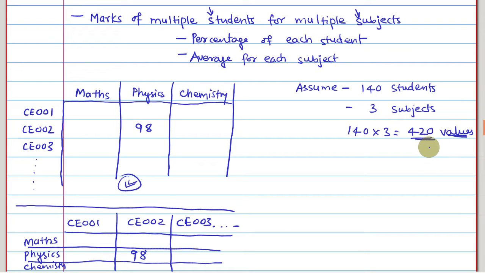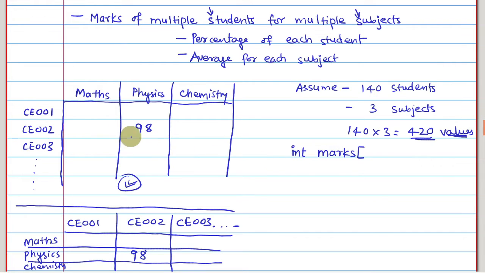The right approach for this is to use a two-dimensional array and have rows represent each student and columns represent subjects. As we have said, the marks are whole numbers, so we will take the integer data type and call our array marks.